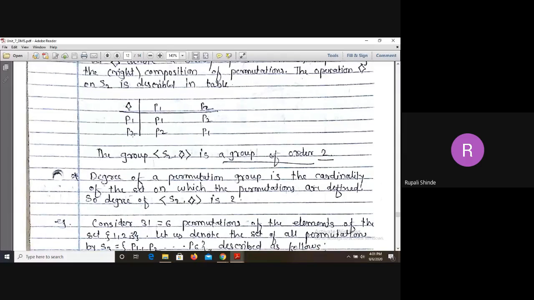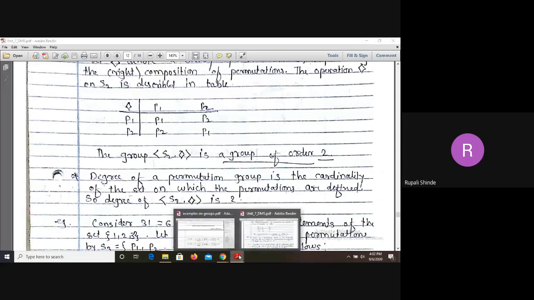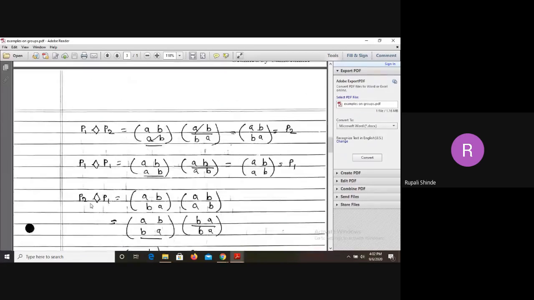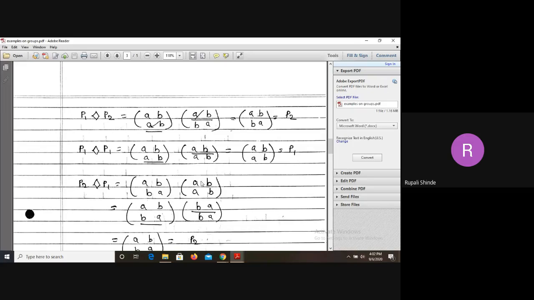Now check for the permutations of P2. First, P2 permutation P1. Again we have to apply the same procedure. The value for P2 is AB, BA, and the value for P1 is AB, AB. Now check whether the second and third element are the same. No, here it is BA and the third element is AB. So now this AB we have to convert into BA. How can we do that?